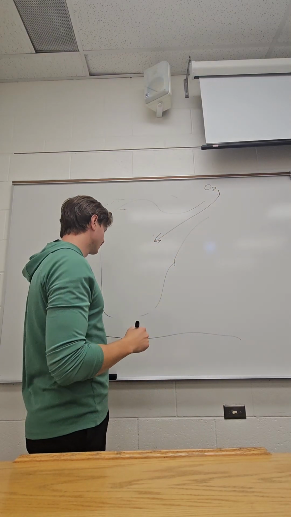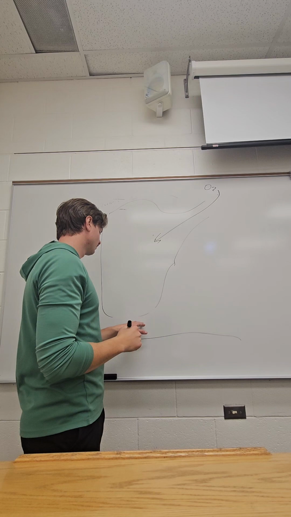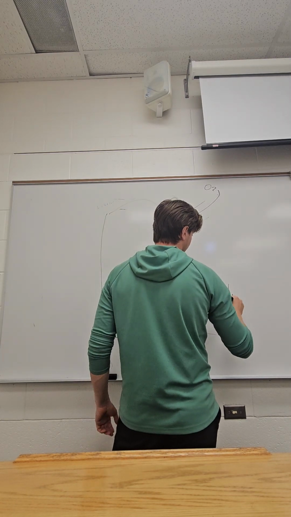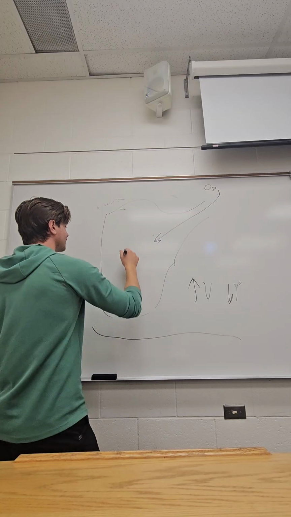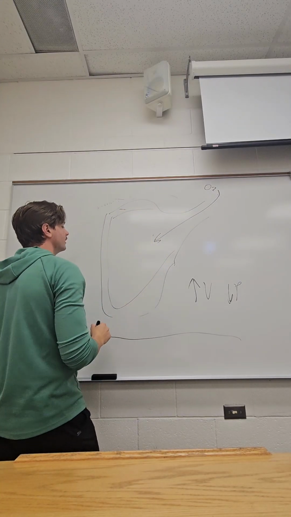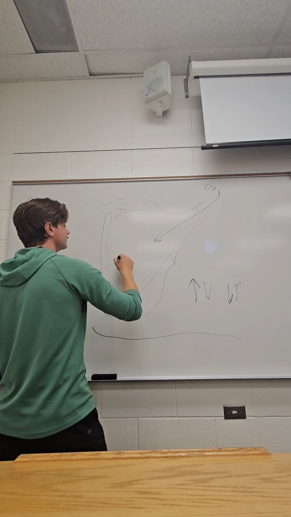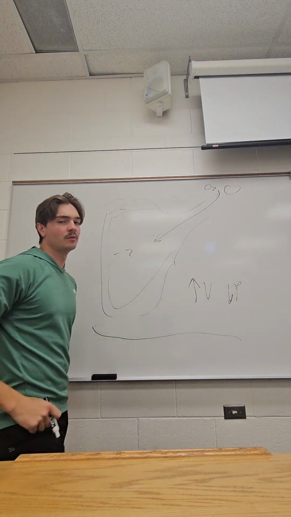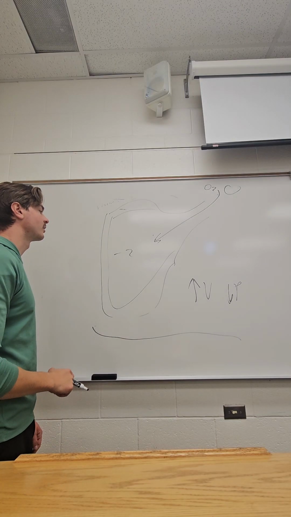Why? Because we're increasing volume, so pressure must decrease. And so the pressure inside here, we have this pleural space as well, is less, so it's like -2. It's less than the 0 of atmospheric pressure.